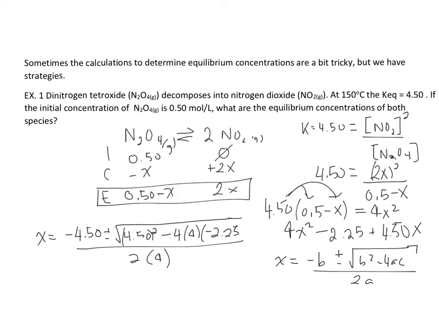So once you substitute those values into your calculator and do the math, you're going to have two roots. X is going to be equal to either 0.375 moles per liter, or X is going to be equal to minus 1.50 moles per liter.